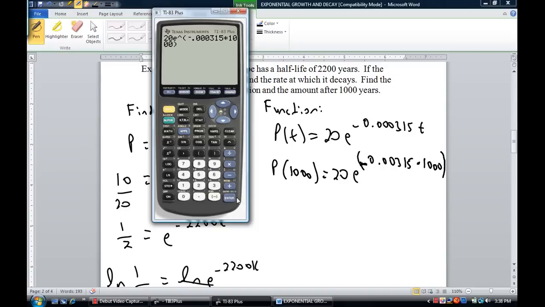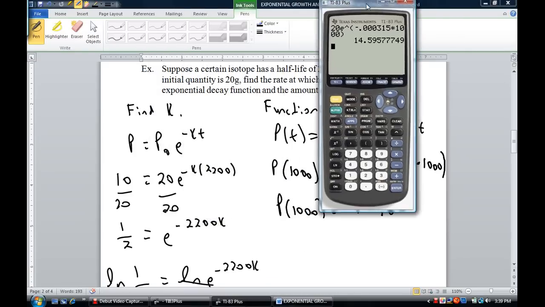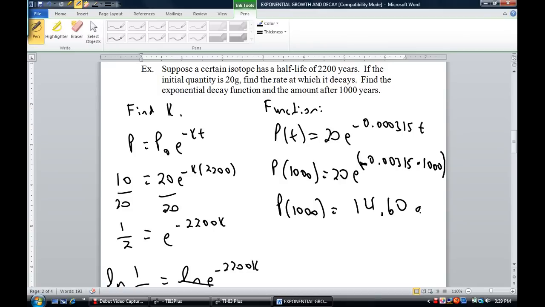Close, and hit enter. We better get an answer between 10 and 20. And we do. That's what we were expecting. We get 14, if I round off, 0.60. And that's in grams. So we're done with that one.